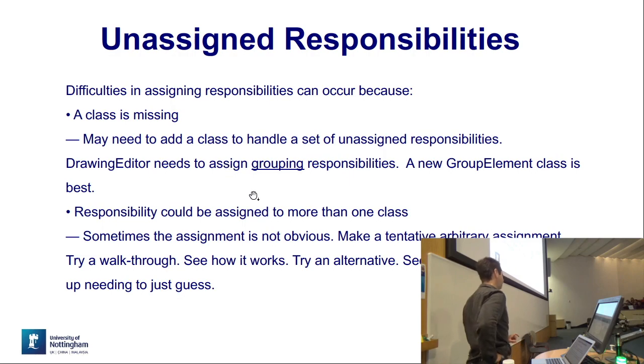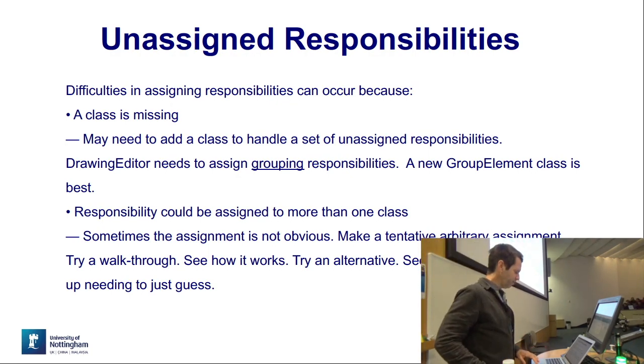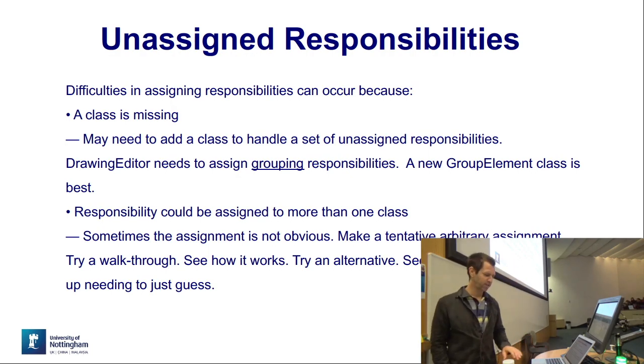In other words, if you're using a drawing editor, you know that you can draw a bunch of squares and then you can group them together. That's a mysterious kind of responsibility. What object is going to have that responsibility? Sometimes the assignment is not obvious. Make a tentative arbitrary assignment and see if it works. Try a walkthrough and see if it works, and update it if you think it's not working.